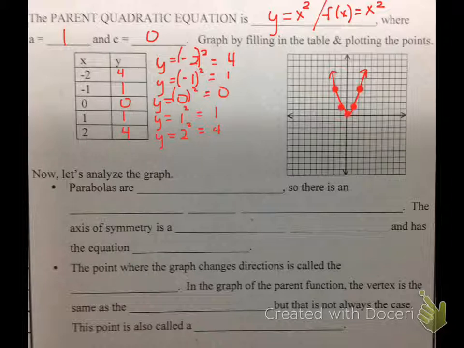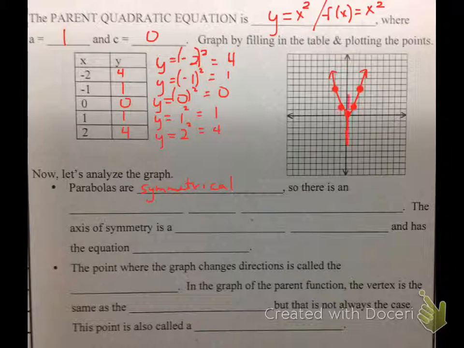Okay. So now that we've graphed it, let's go ahead and analyze the graph. Parabolas are symmetrical. What that means is that if I draw a line down the middle of my parabola, which is actually called the axis of symmetry, something like this. In this case, it's the y-axis.